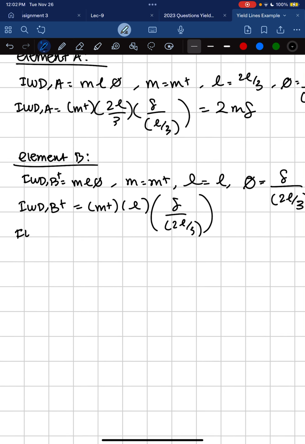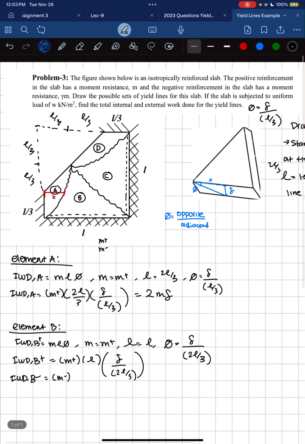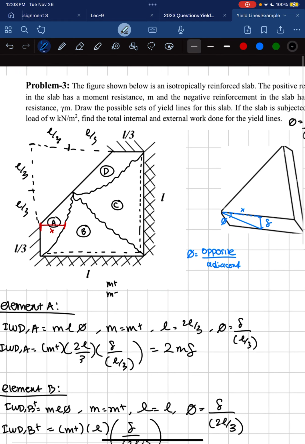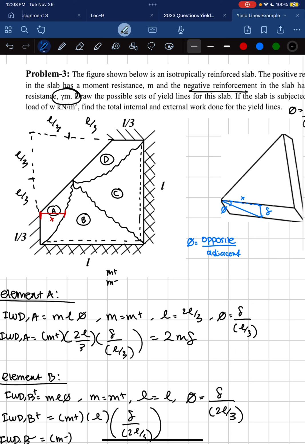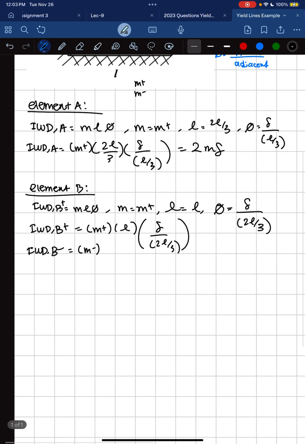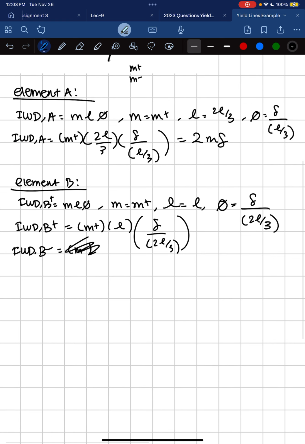Okay, now we have to consider the negative case, but the negative case is nothing different. For this one, all we do is just make it M negative. But I think, wait, in the problem they said the negative reinforcement is that, so I should stop using M negative.